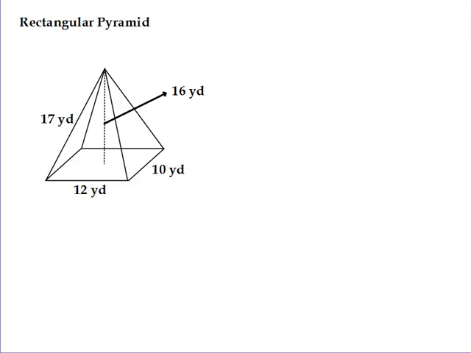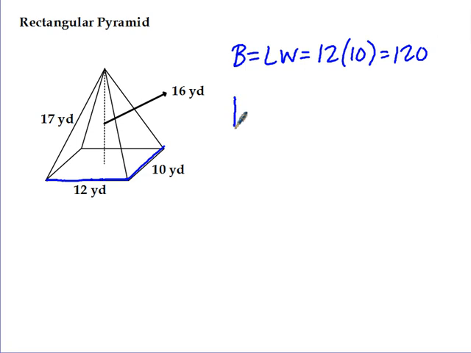Now here we have a rectangular pyramid instead of the square pyramid before, but again, we're not changing anything. Capital B is still length times width, so our rectangle here is 12 times 10, which is 120. And our height, now again, we have to pick the correct height. Remember, from the middle of the base up to the top apex, that's your height.